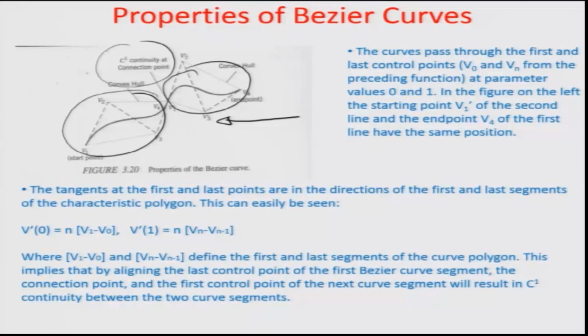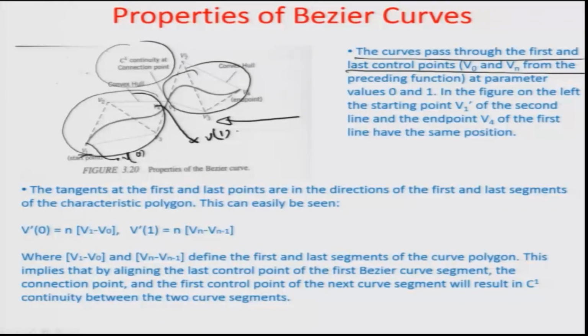The curves pass through the first and the last control points V_0 and V_n. In this particular case, V_0 should be the point which you know as V_1 here, corresponding to t equal to 0, and the point here, V_4, which is somewhere here, I am sorry, in the first segment, corresponds to t equal to 1.